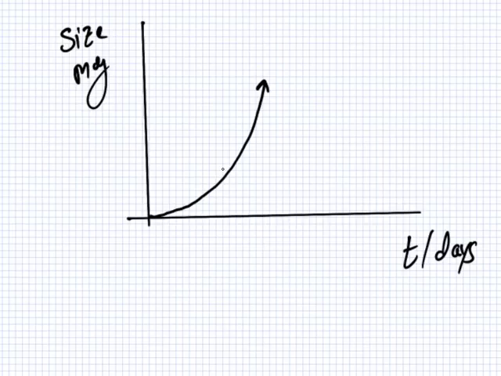I'm not doing it exactly to the graph, I'm just giving you the idea. It'll be exponential at the start, but then after some time it will become a linear graph. For example, this could be the first trimester, this could be the second trimester, and it might continue linear like that.